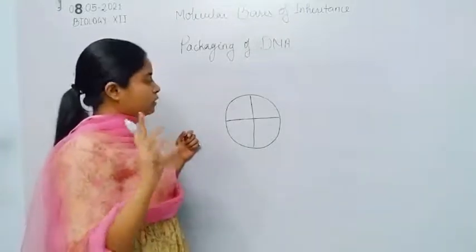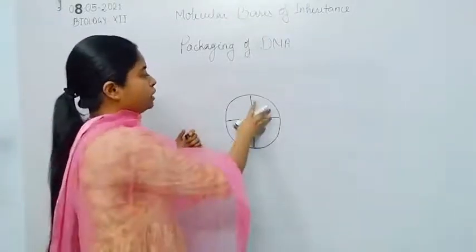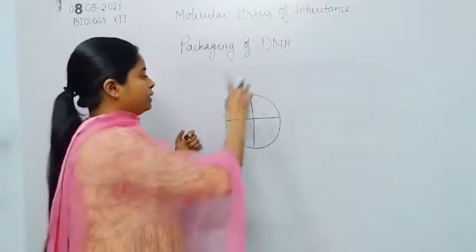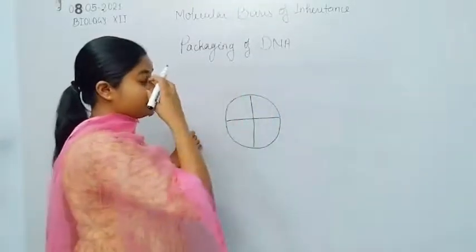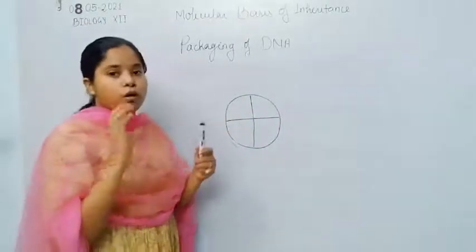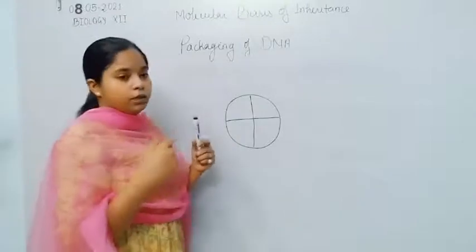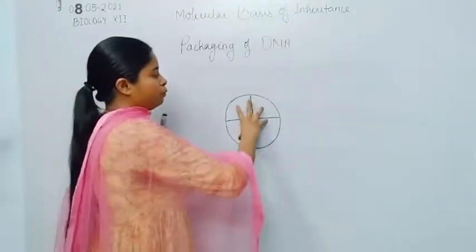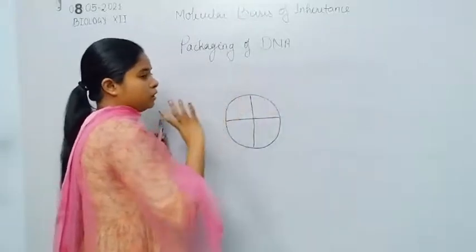That means one unit with four subunits, and another unit with four. They are present in two groups of four subunits. So four subunits in one group form one wheel of the histone protein.